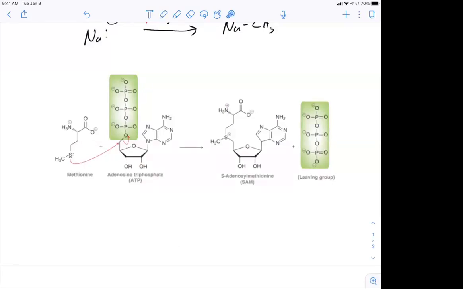Phosphate, diphosphate, and triphosphate are all really good leaving groups. One of the things ATP does when it goes to ADP and AMP is lose phosphates by transferring them to other things. We'll see when we get to alcohols that phosphates are actually activating groups, and that ATP activates alcohols in biological systems.